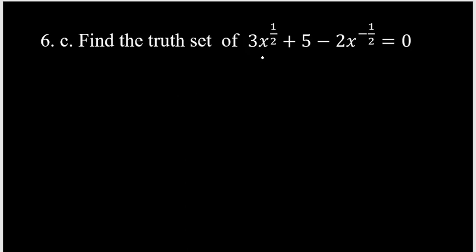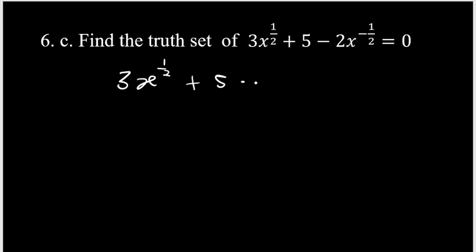Now, for this particular equation, what we can do is try making sure that the x^(1/2) stands out. And that is what we are going to do. For the first term, we have 3x^(1/2) + 5.